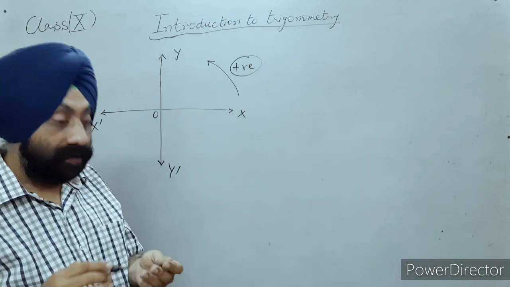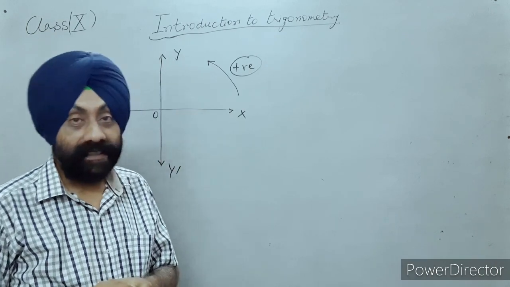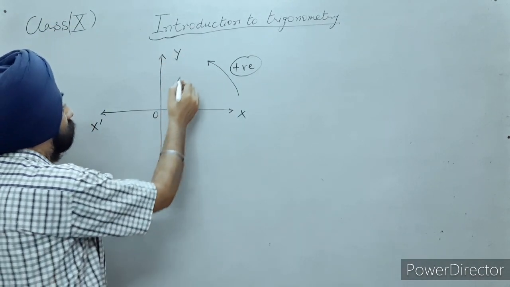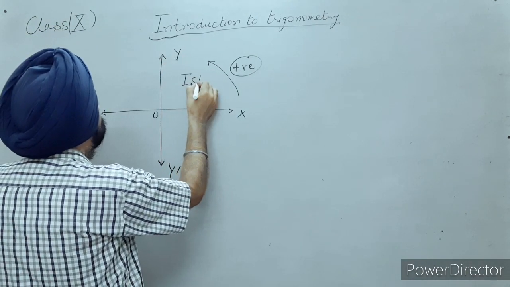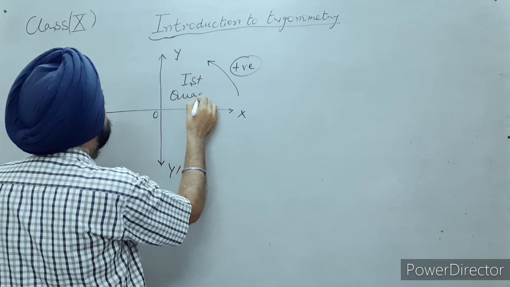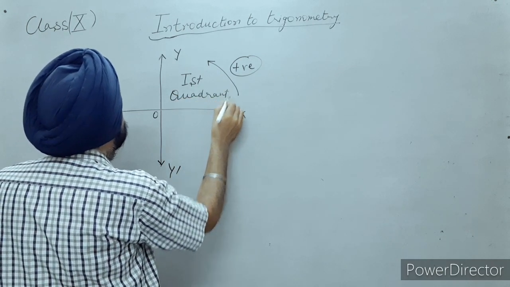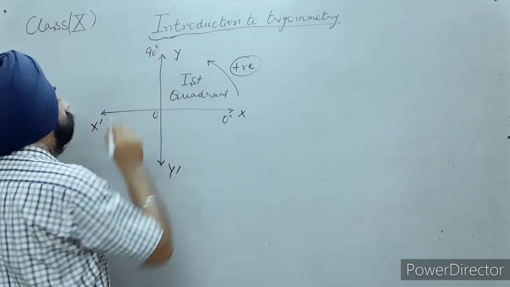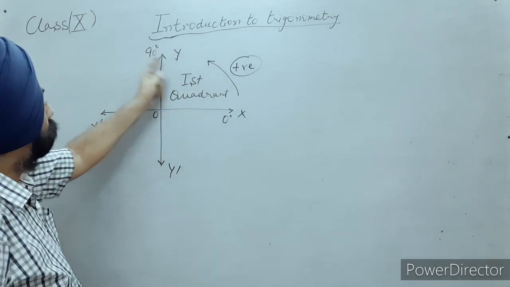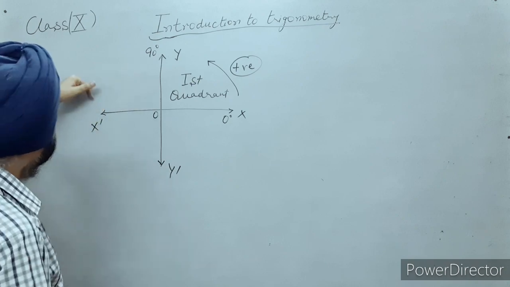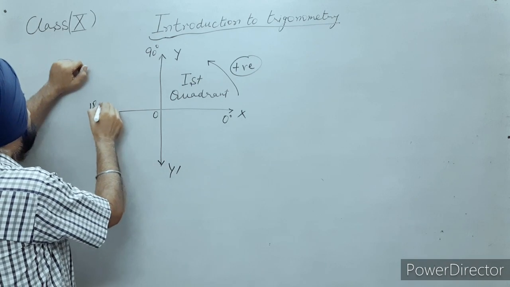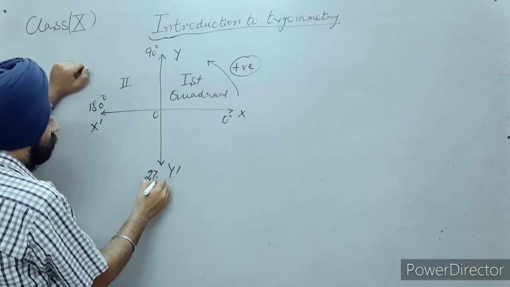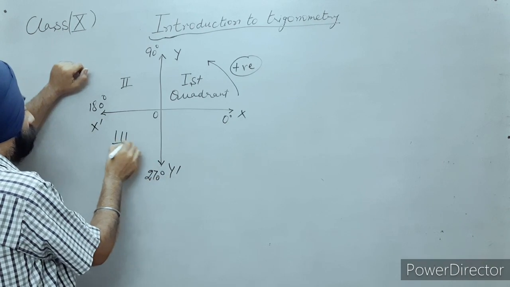Anti-clockwise direction. Now in class 10th, we are basically concerned with the first quadrant only. This is the first quadrant, that is 0 degree up to 90 degree. 0 to 90 is the first quadrant. 90 to 180 is the second quadrant. 180 to 270 degrees is the third quadrant.